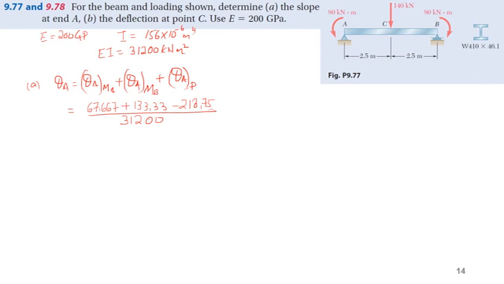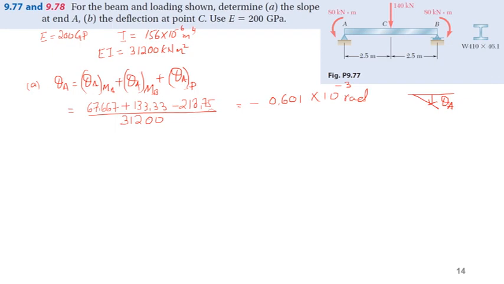Now when we solve it, that gives me the value minus 0.601 times 10 to the power minus 3 radians. And the negative sign means that the slope, the angle, will be in the clockwise direction.